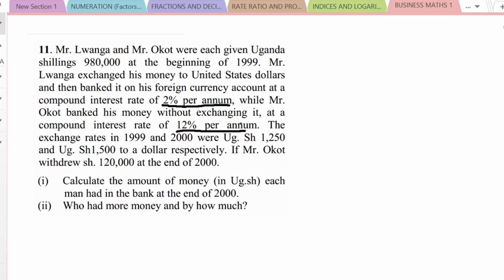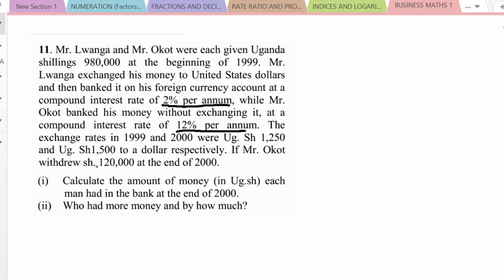They both are doing compound interest. The exchange rates in 1999 and 2000 were 1,250 and 1,500 to the dollar, respectively. If Mr. Okot withdrew 120,000 at the end of 2000, calculate the amount of money in Uganda shillings each man had in the bank at the end of 2000.